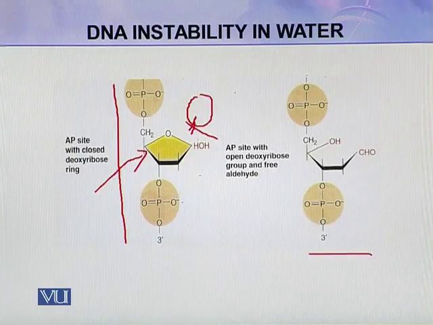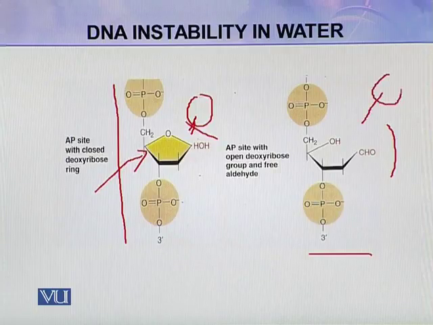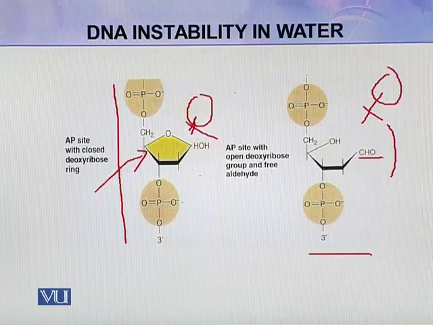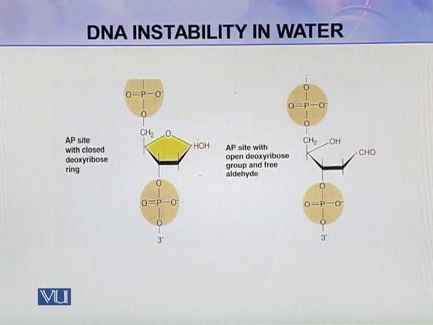While in this case you can see here again an AP site is produced, and one nitrogen base is missing. But here the deoxyribose ring is open, and one free aldehyde group is present in this. This aldehyde group is very dangerous for the DNA molecule.